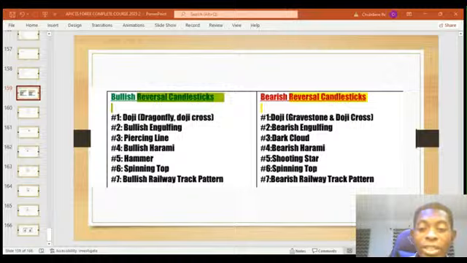So let me take you to the chart. Let's see if we can have a couple of examples.